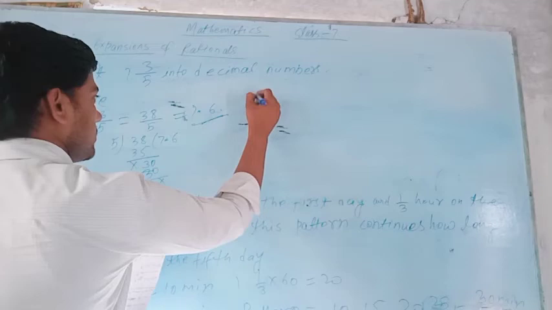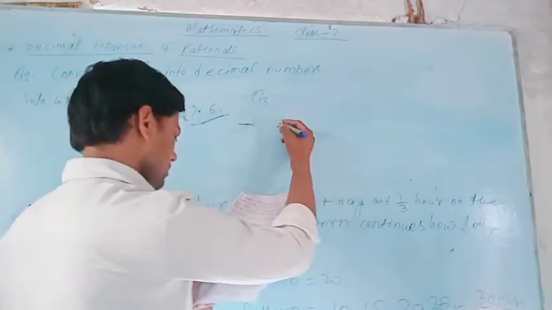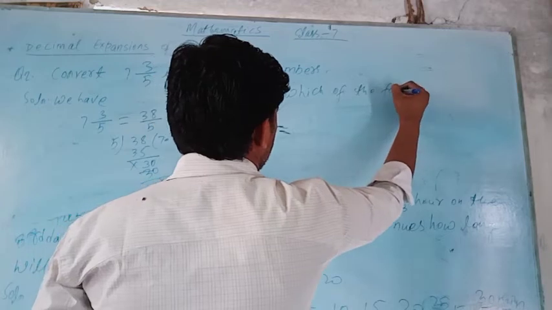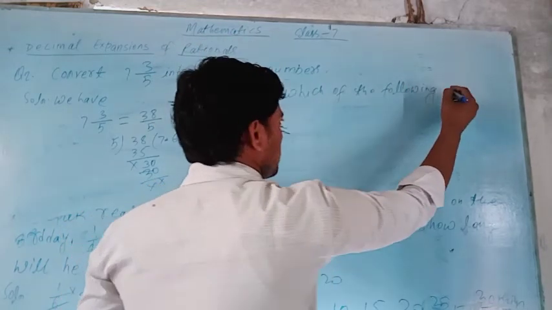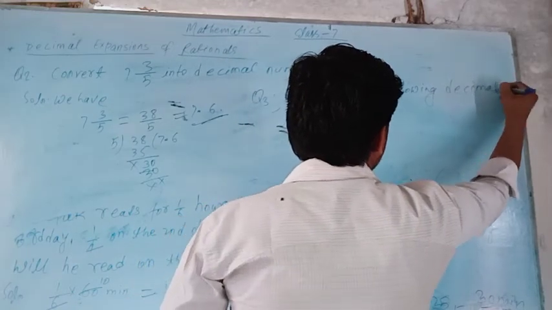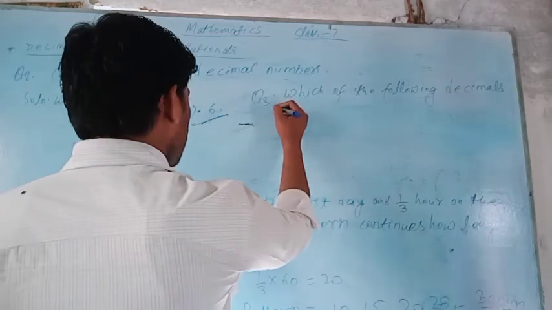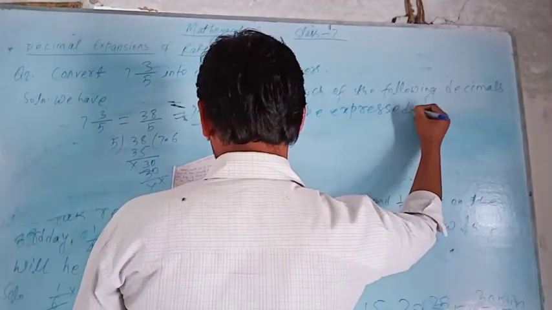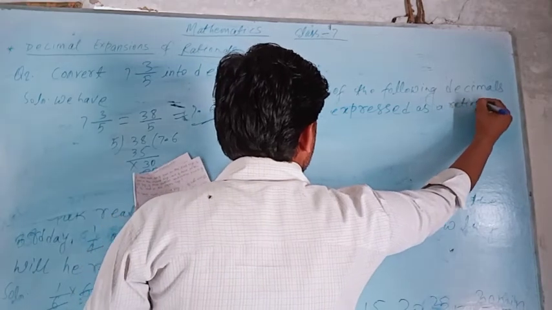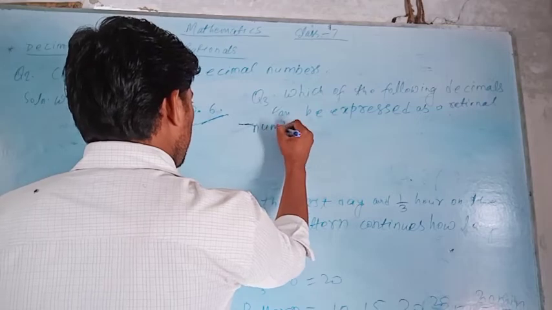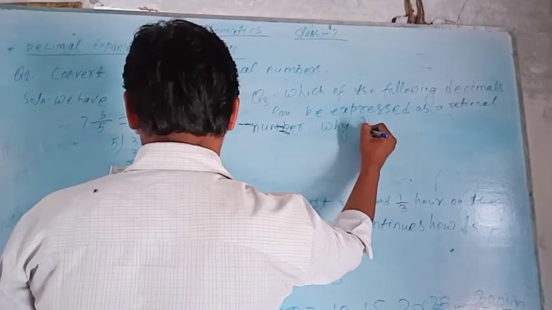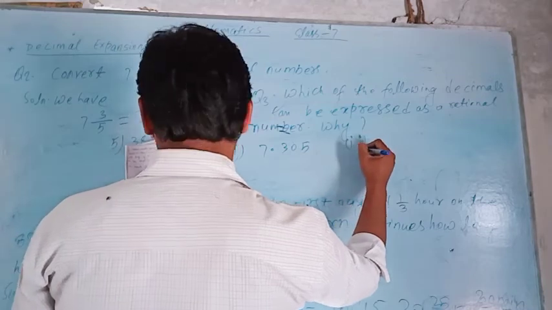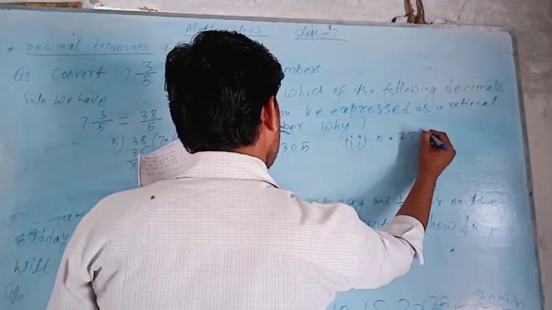Question number 3. Which of the following decimals can be expressed as a rational number? 7.305 and 0.222 dot.